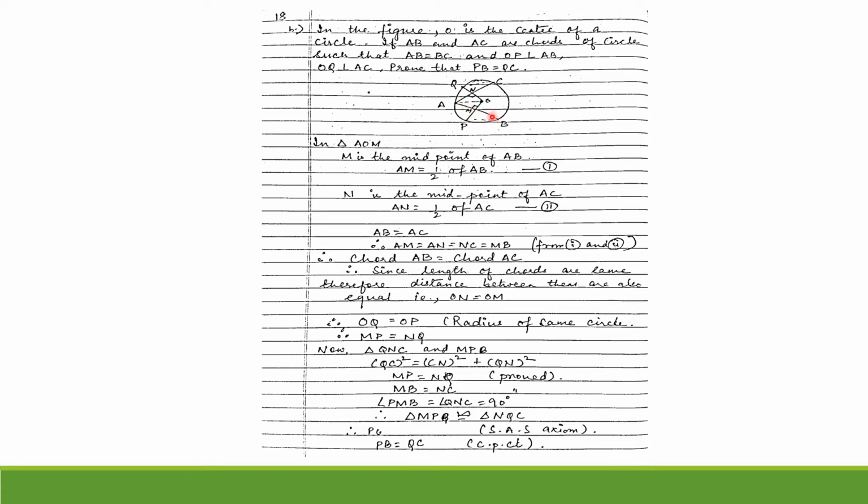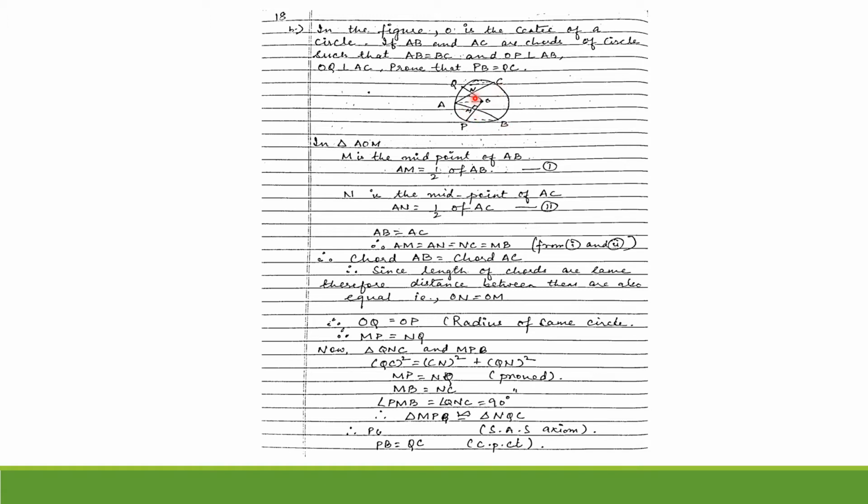That means half of AB will be your AM. Similarly, half of AC will be your AN or NC, because these are the midpoints of the two sides, that is your AC and AB.